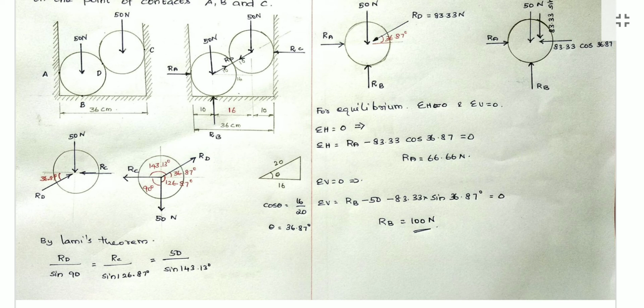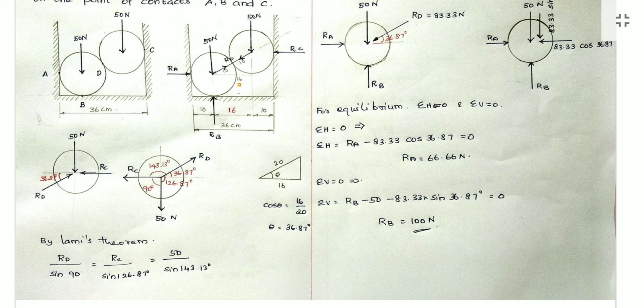For this I construct a small triangle. The distance between the centers of the circles is 16 centimeter. I got it because the total width of the channel is 36 centimeter. Left side one radius 10 centimeter, right side one radius 10 centimeter, so the remaining will be 16 centimeter.